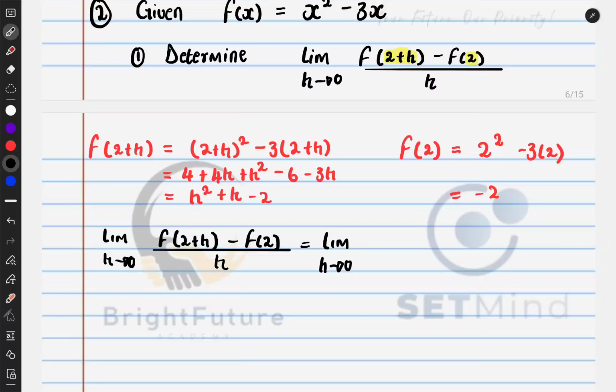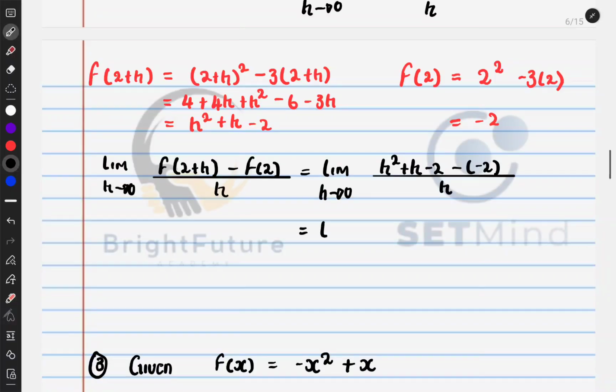What is f at 2 plus h? It will be h squared plus h minus 2, and then f at 2 would be minus 2, over h.